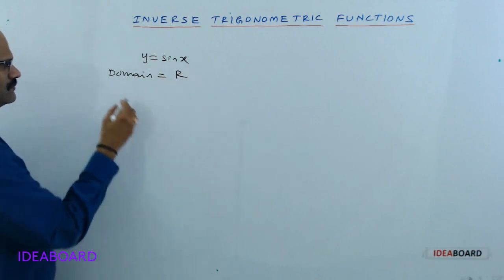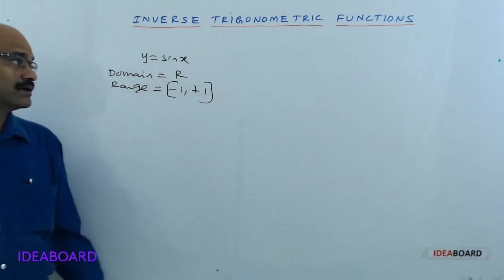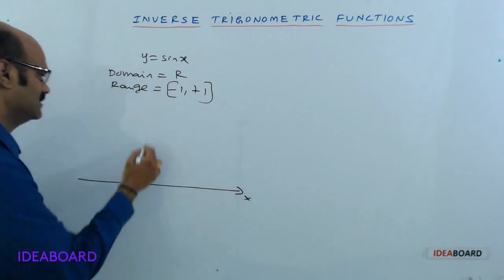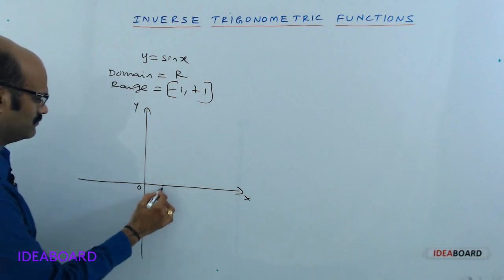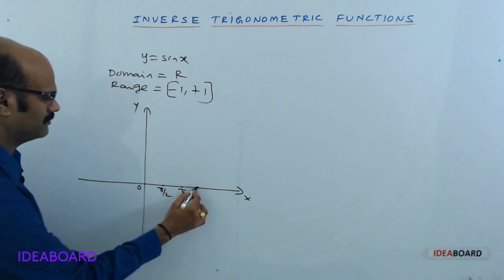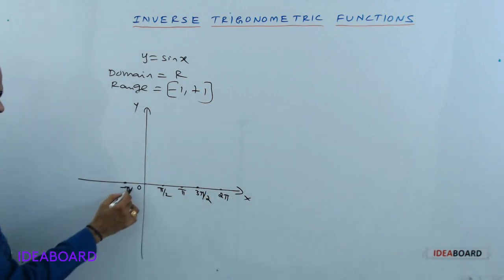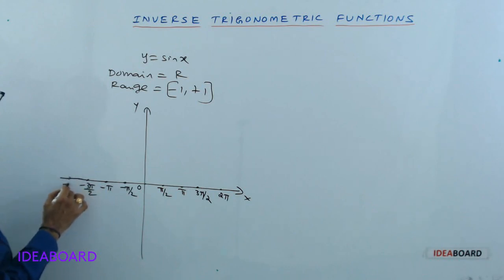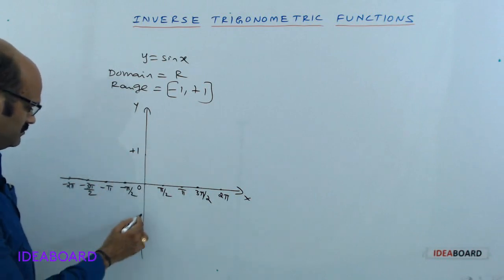The graph of y equal to sin x: take the x-axis and y-axis here, with 0, pi by 2, pi, 3 pi by 2, 2 pi, and here we have +1, -1.